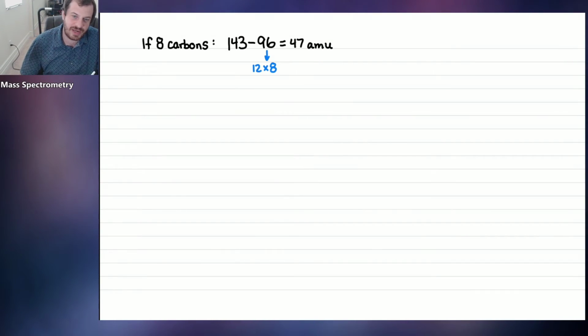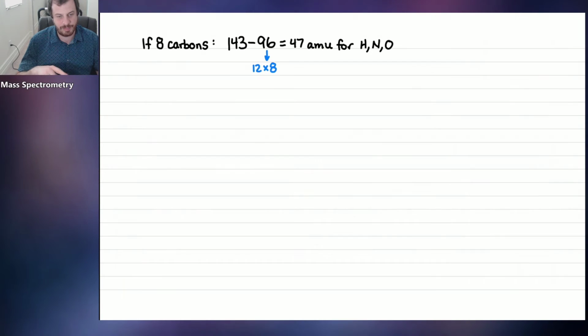And that 47 AMU means that is the mass that's left over for hydrogen, nitrogen, and oxygen, which are the elements that are likely to be present inside of an organic molecule. Okay, there's not likely to be boron inside of our molecule. The only elements you would ever assume are inside of an organic molecule are carbon, hydrogen, nitrogen, oxygen, and possibly bromine and chlorine if the data suggested that, but the data did not suggest bromine or chlorine was present.